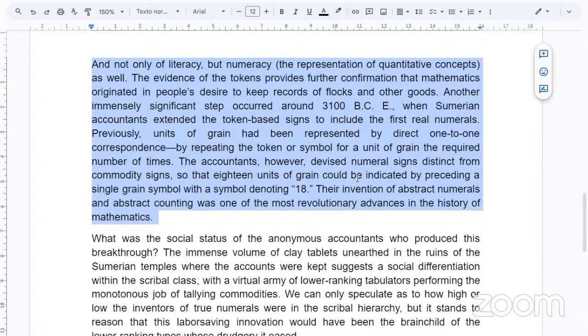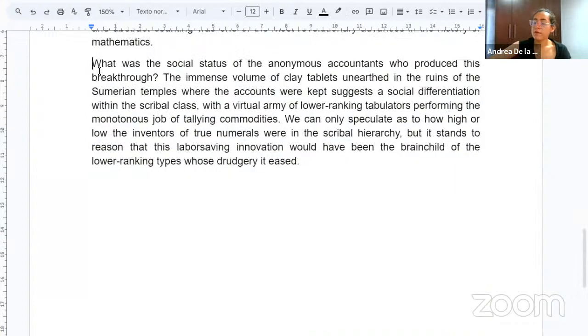Their invention of abstract numerals and abstract counting was one of the most revolutionary advances in the history of mathematics. Exactly. So they talk about the origins of mathematics, right? The origins of numeracy, of numbers. And finally, the last part.